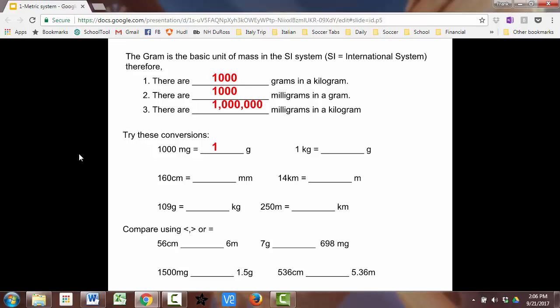Wait, I did it the wrong way. I said grams to kilograms, but it actually says kilograms to grams. So yes, you're right. 3 to the right. 1, 2, 3. 1,000 grams.